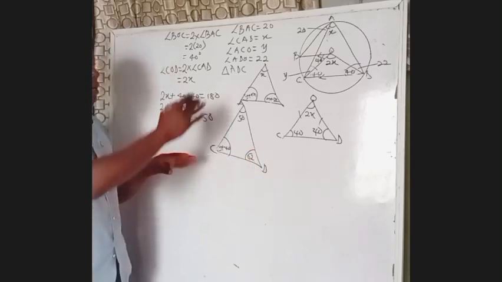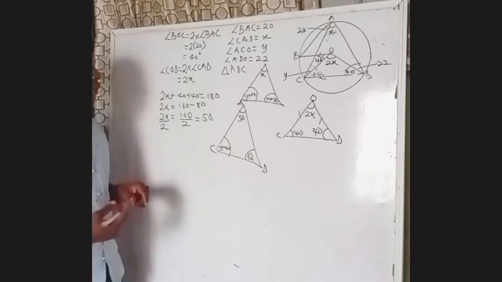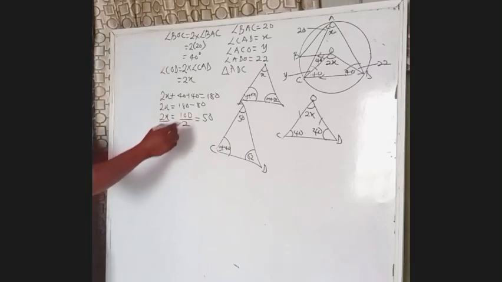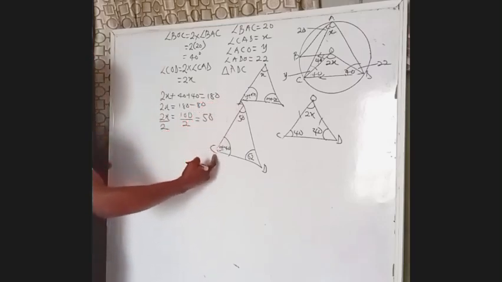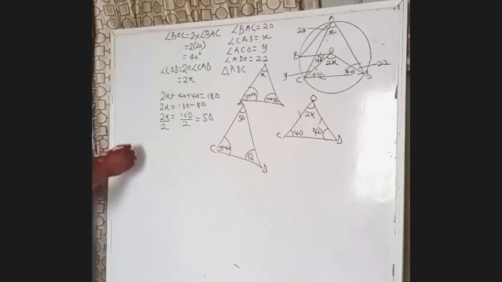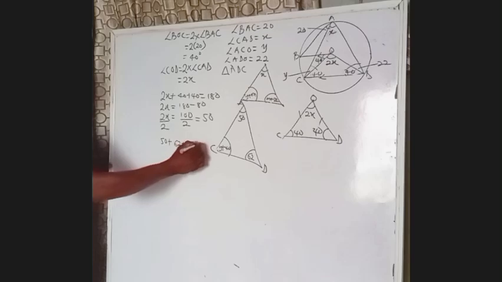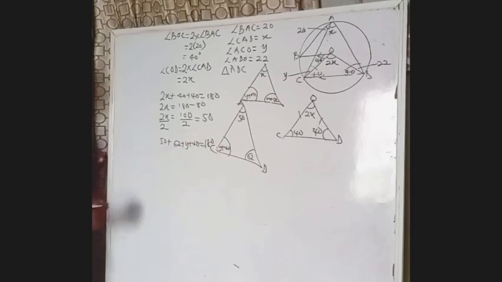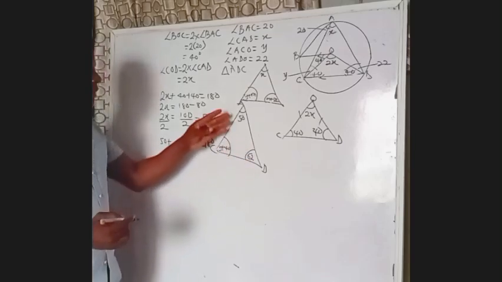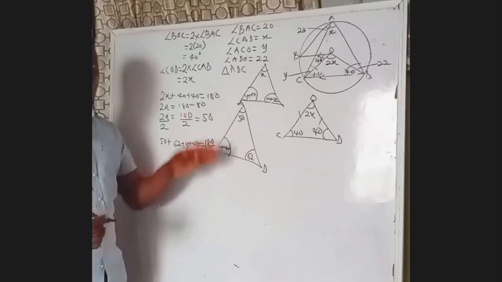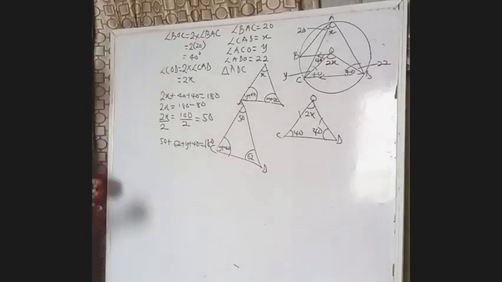Without beating about the bush, if we look at triangle ACD, we can simply say that 50 plus 62 plus y plus 40 is equal to 180, because the sum of the interior angles of a triangle adds up to 180.